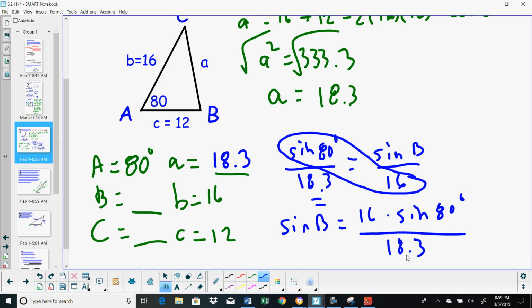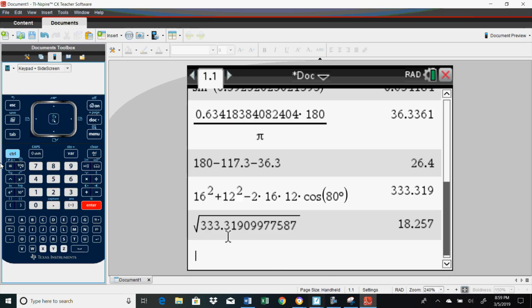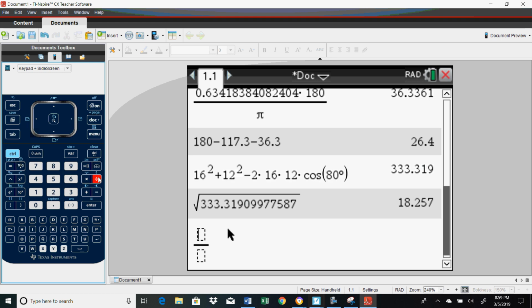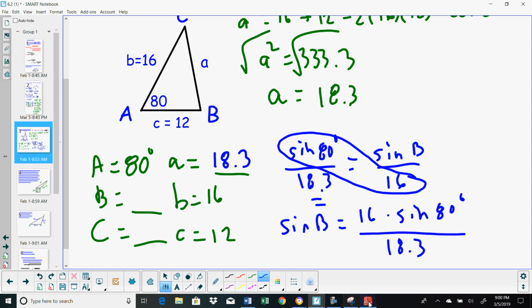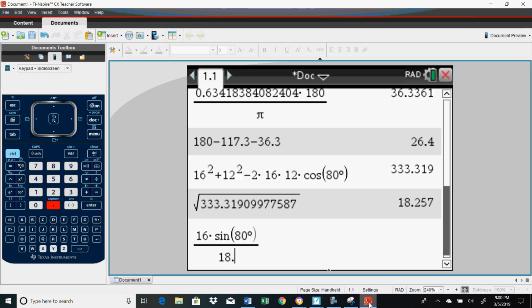So grabbing the calculator, I want 16 times sine of 80 degrees over, what do I want in the denominator? I need 18.3.